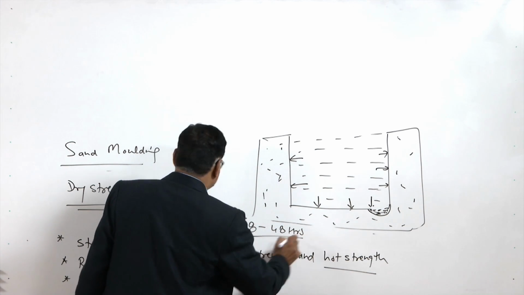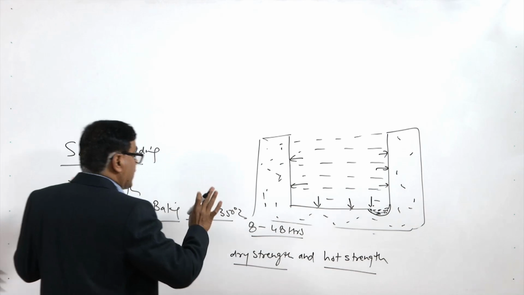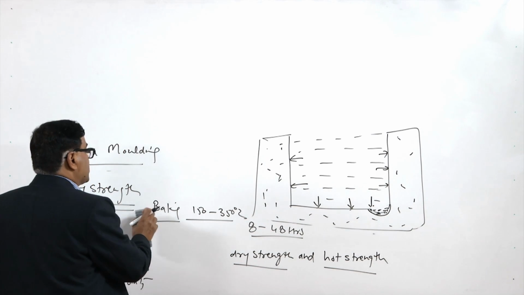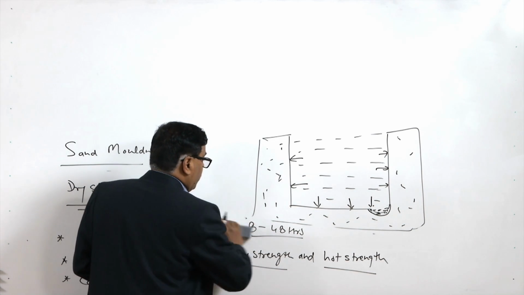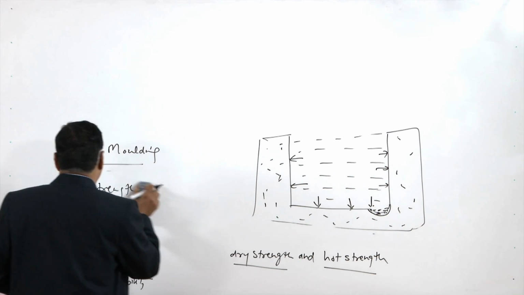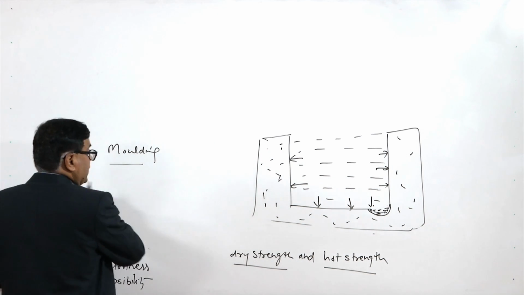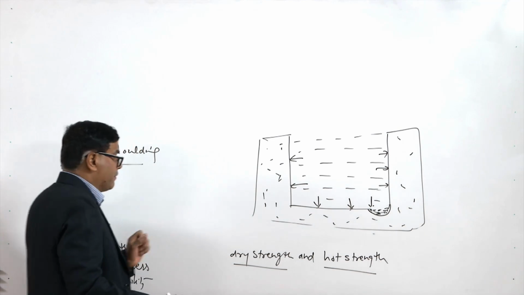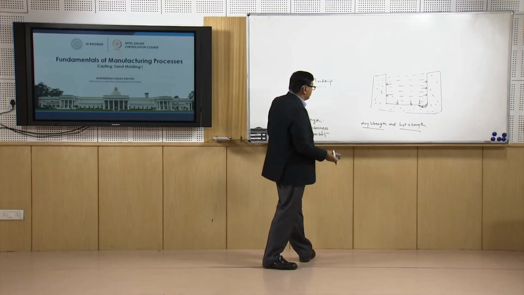The purpose of this is that all the moisture is driven off and strength is increased. Once the strength is increased, it can take the load of the molten metal, especially in case of large castings, effectively, but this process is long.